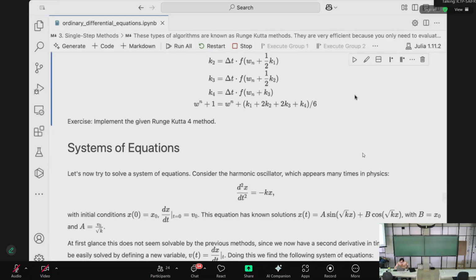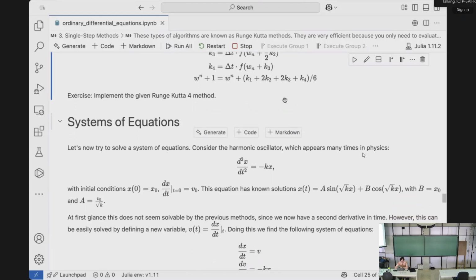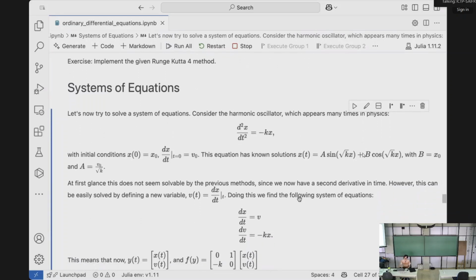So, of course, we can extend this to systems of equations. Right now, we are using just a single equation. Y is just a scalar quantity, but y could also be a vector, and this will be very useful later on when we go to partial differential equations. We understand y more as a full vector, right? So to do this, we can start with the harmonic oscillator to understand a bit about the systems of equations, right?